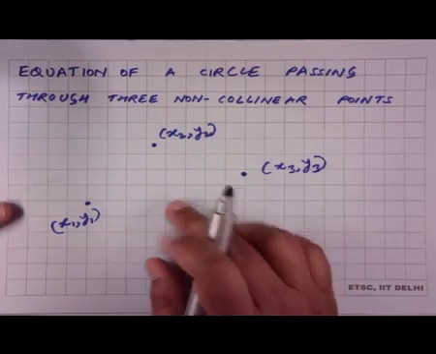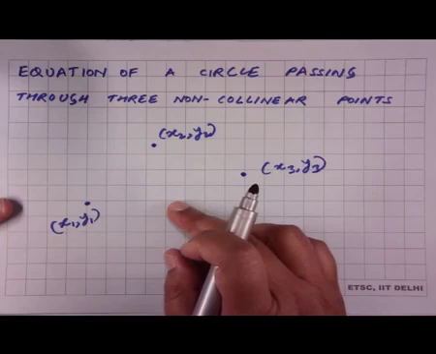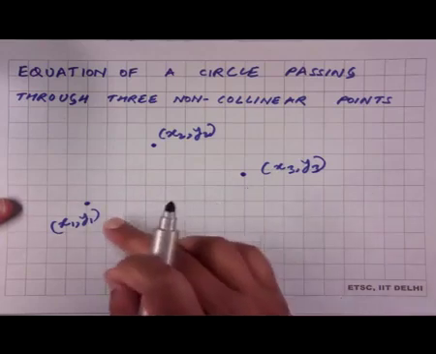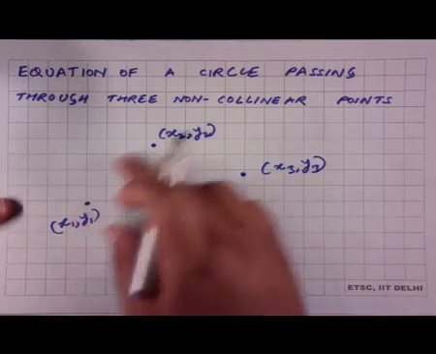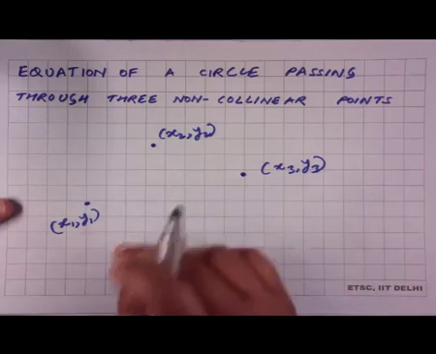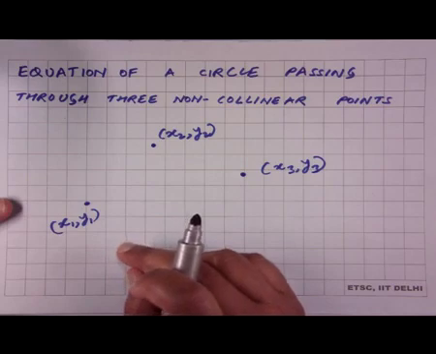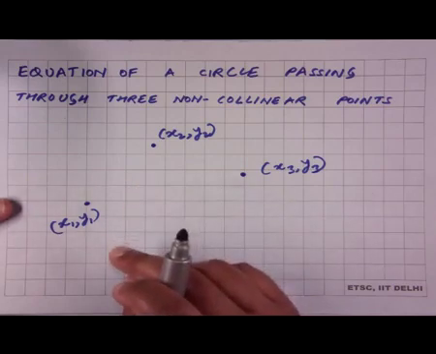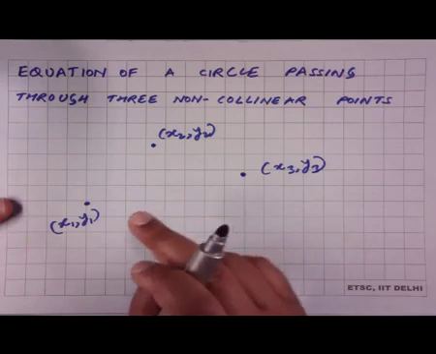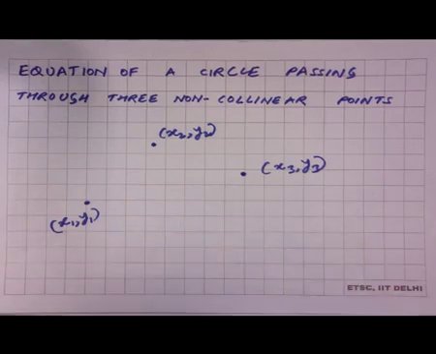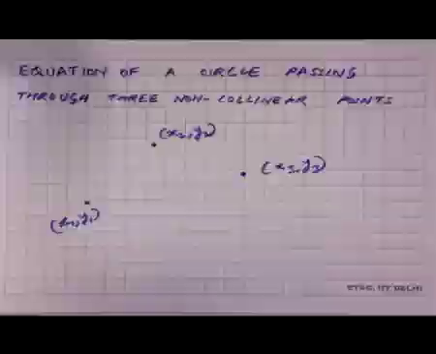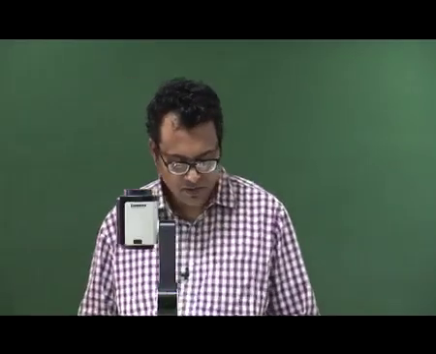In order to find the circle which passes through all these 3 points, we basically just need to find out the center of that circle and also the radius of that circle. So, if we can uniquely find out the center and the radius of that circle, then we basically have the equation of the circle.